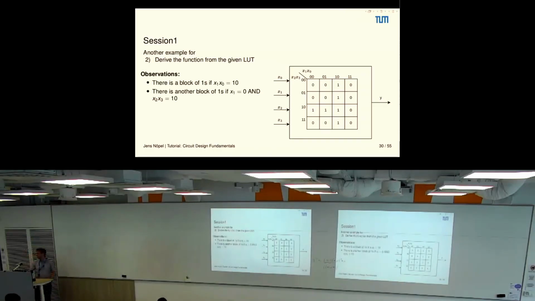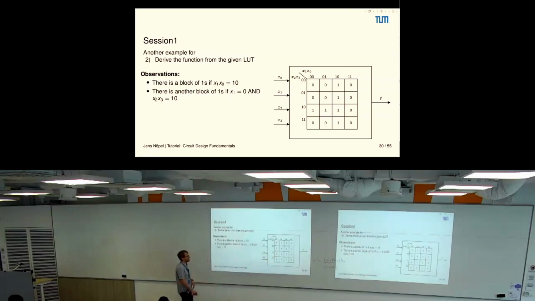All right, so there's the solution. Think about building blocks of ones, and one block is definitely this large one here, and then you find the first one. You see the output is 1 if x0, x1 is 0, 1. And then you see a second block of ones, which is this one.